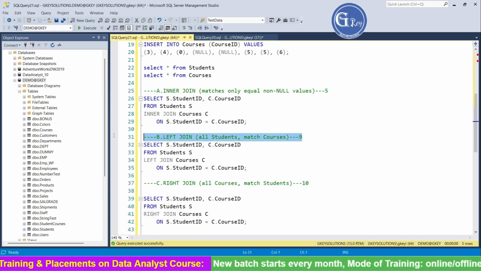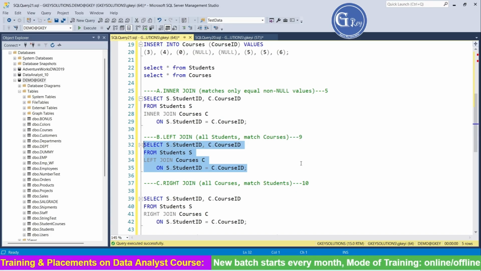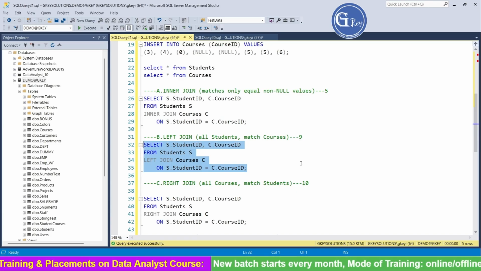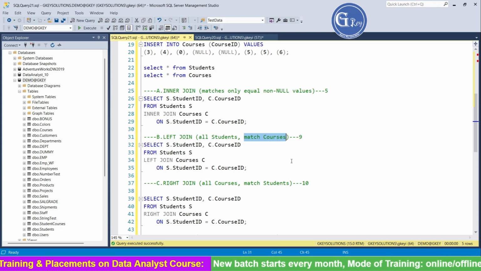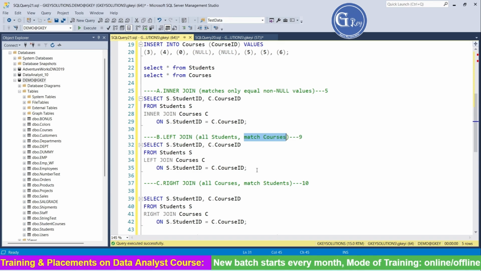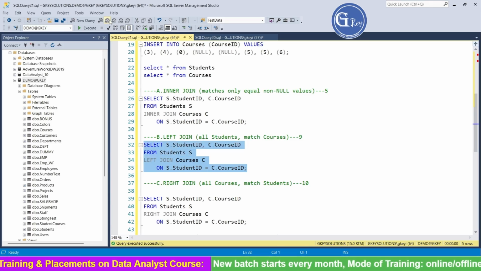And coming to the left join, what is left join? Left join all students match courses. That means all records of the left side table will be displayed along with matching records from the courses table, and unmatched ones will show null values. Let's execute this query and see.